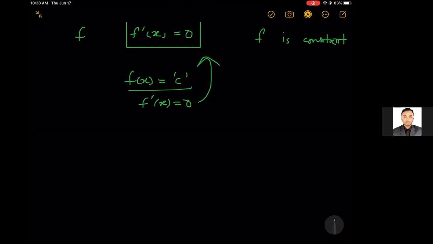Let me start sharing the screen again, because now we'll discuss some graphical approach.